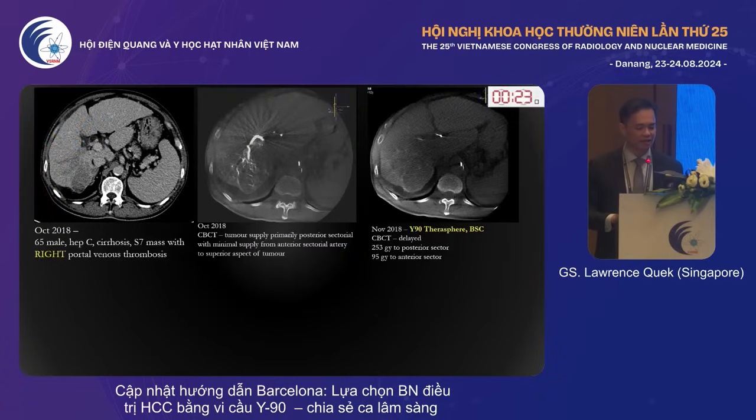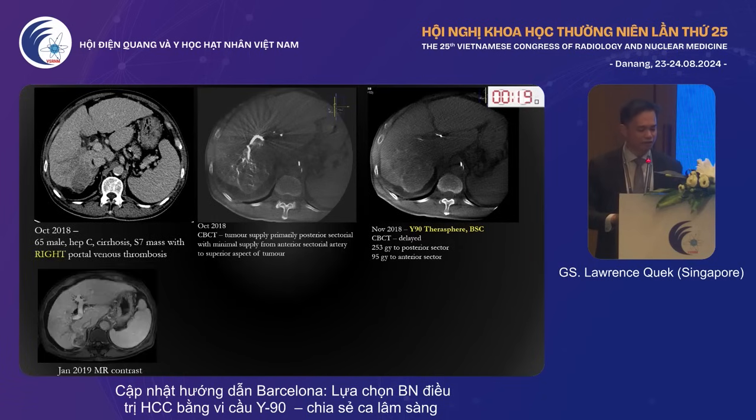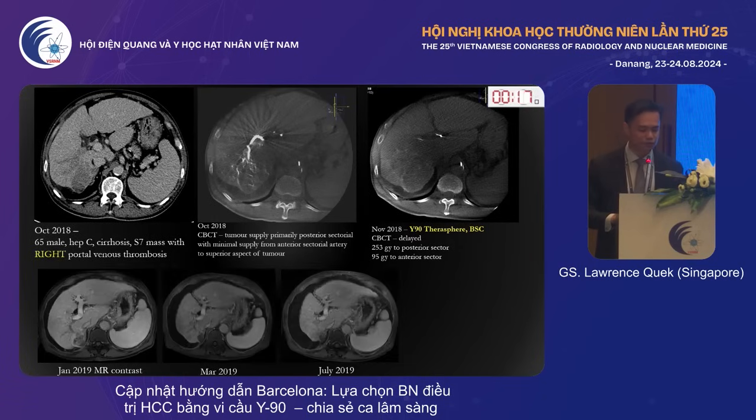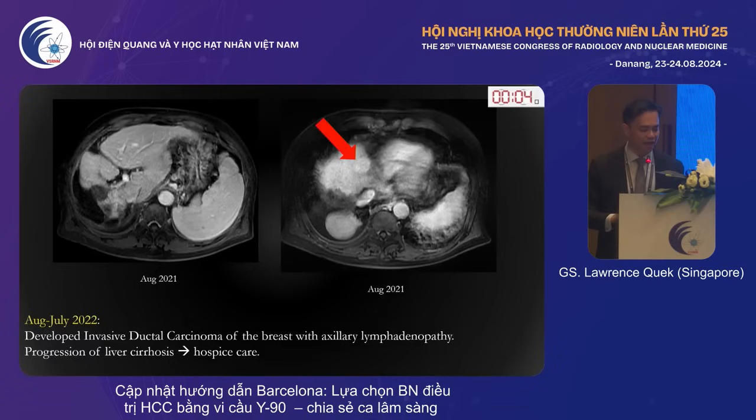This is the planning stages that we've done. We implanted the Y-90, and over time, as you can see, you give a big enough dose, there's involution of the segment. The portal vein no longer shows any enhancement or any presence of tumor, and you know, the patient is out close to 2 years, doing fairly all right. And up to August, July, the patient was well.